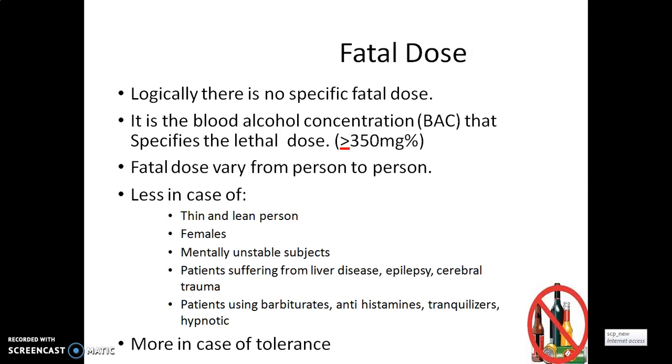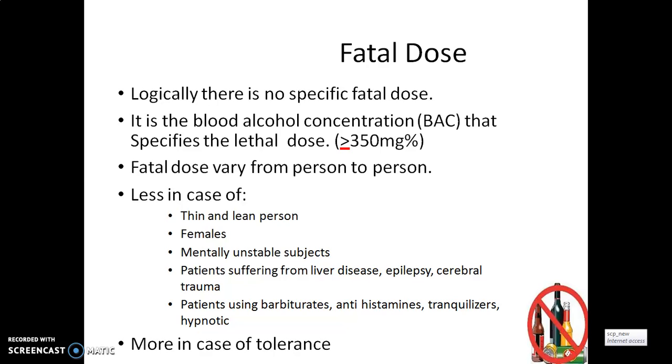Coming to the fatal dose, there is no specific fatal dose of alcohol because tolerance varies individually. So it is the blood alcohol concentration that specifies the lethal dose. It may be more than or equivalent to 350 milligram percentage. The fatal dose varies from person to person.